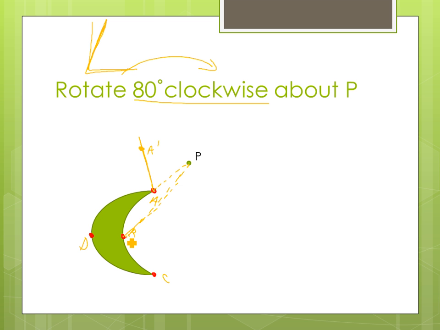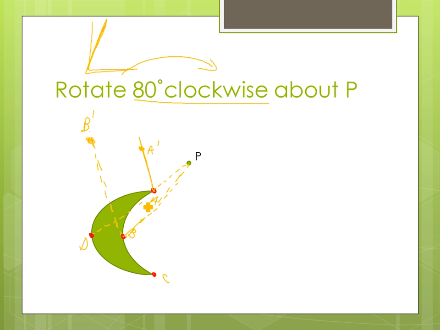Thank you. We want to go up 80 degrees, so somewhere up in there maybe, about 80 degrees hopefully. Our distance, B is going to fall somewhere about in there. That's going to be B prime.